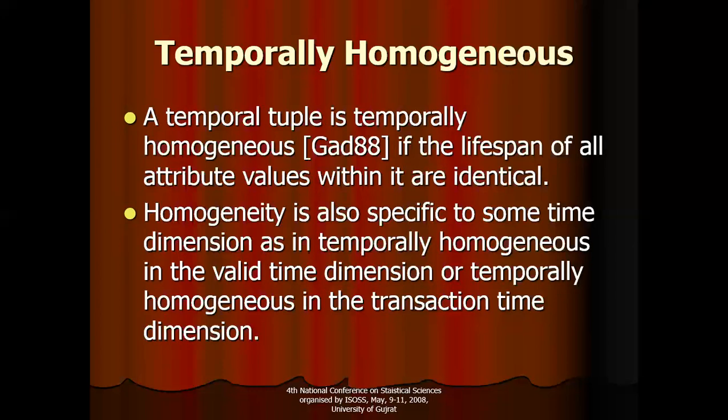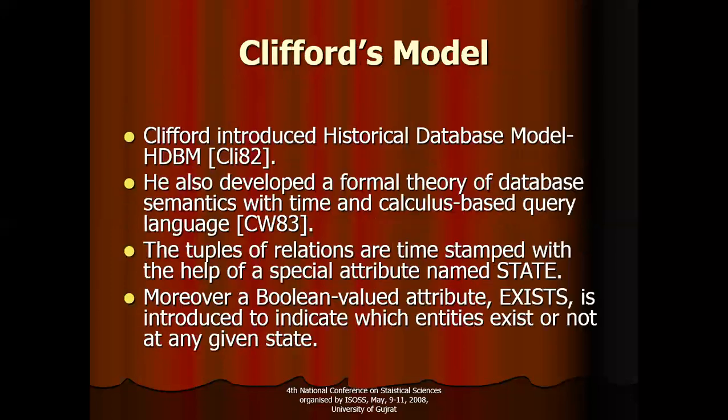The handling becomes easier, because if we have various lifespans, it will be difficult to manage them. So he introduced the concept of homogeneity rather than heterogeneity. Homogeneity is also specific to some time dimension, as in temporally homogeneous in the valid time dimension, or temporally homogeneous in the transaction time dimension. So homogeneity always refers to time.